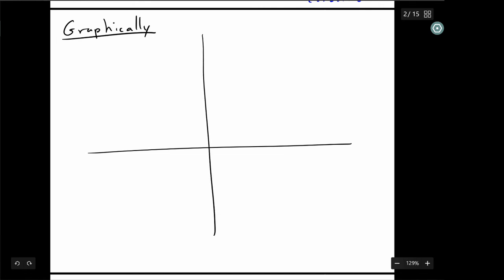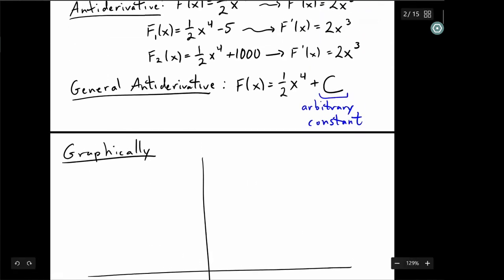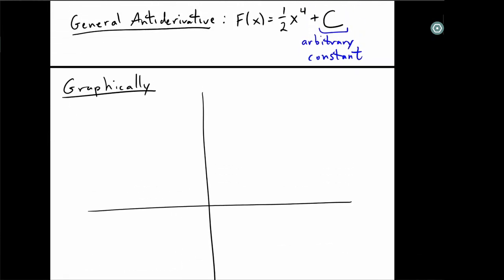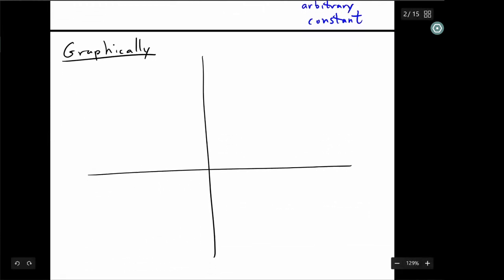So graphically, let's say we put in blue 1/2 x to the fourth. Now I'm not going to attempt to put this to scale or anything, but 1/2 x to the fourth is something like this. Let's use this one, 1/2 x to the fourth.